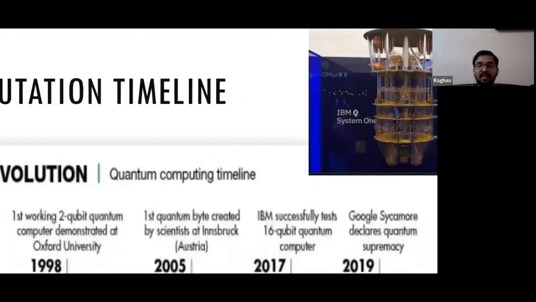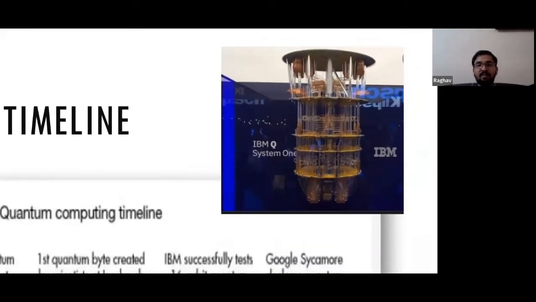And if you see the picture on the right-hand side, it is the IBM Q System One, a superconducting quantum computer. It is called a chandelier, and the wires you are seeing hanging are the wires used to give quantum pulses to the quantum circuit here.